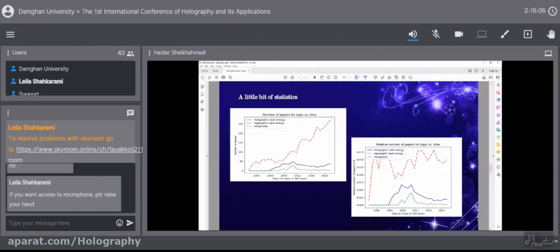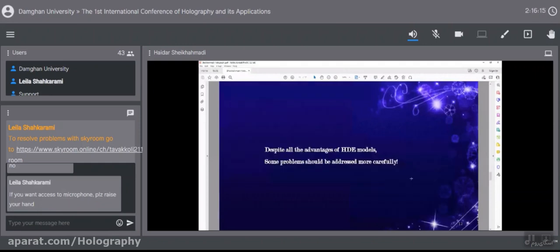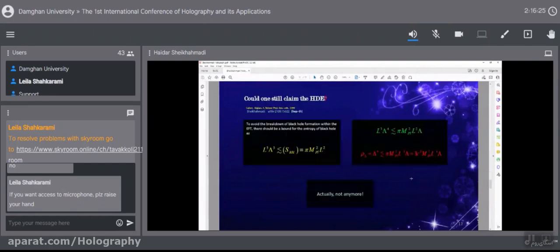I just wanted to show the activities based on these concepts. But as I said, despite all the advantages of holographic dark energy models, some problems should be addressed much more carefully, and I will show you why I say this.